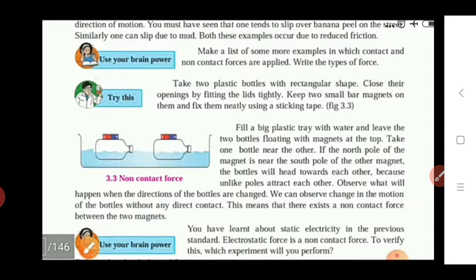The muscular force is an example of contact force. We see examples in figure 3.1. These actions are examples of contact force, and examples of non-contact force are the gravitational force, electrostatic force and magnetic force.